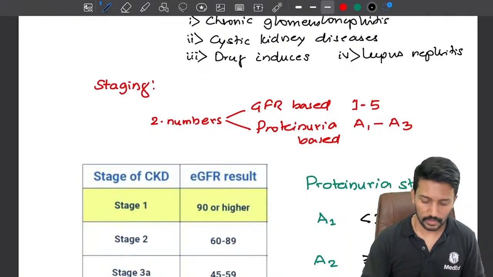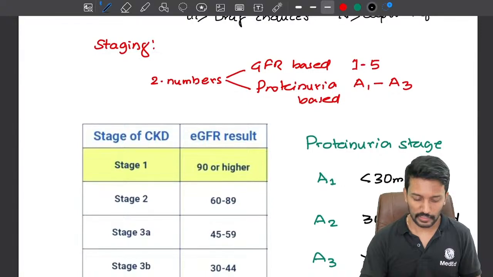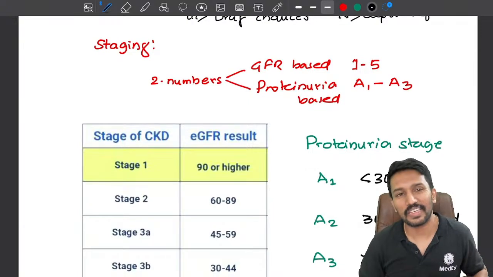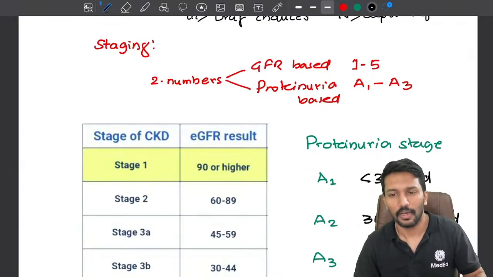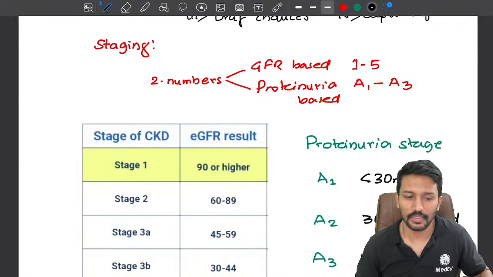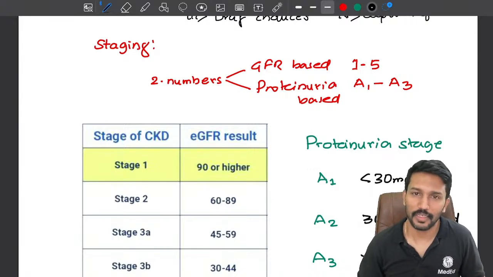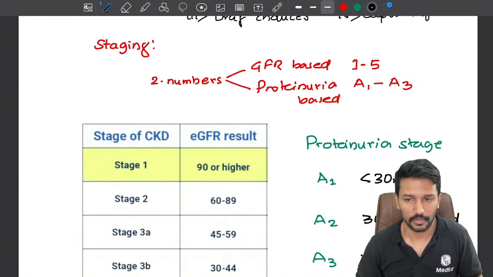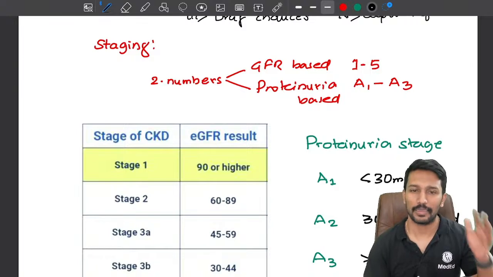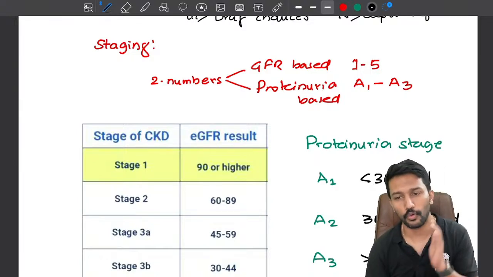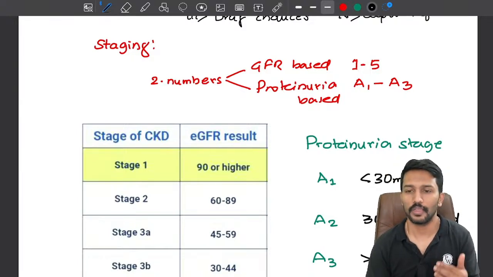Okay. Now once we have understood the causes for CKD, we need to know how we stage patients of CKD. Unlike the acute kidney injury staging, the staging of the CKD patient takes into account 2 parameters. We have to stage them based on number one, GFR, and number two, proteinuria. So any patient of CKD will be assigned 2 numbers.